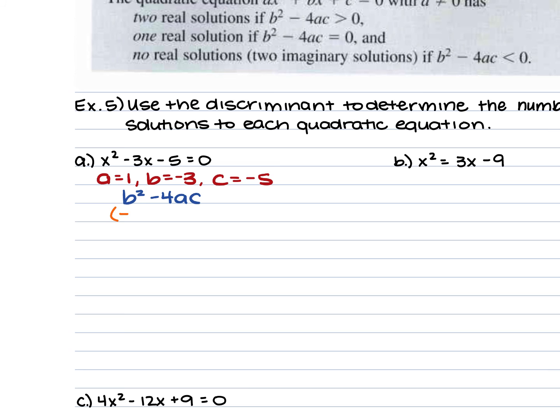We're going to plug these in. We have negative 3 squared minus 4 times 1 times negative 5. That negative 3 squared is 9. Negative 4 times 1 is negative 4 times negative 5 is a positive 20. 9 plus 20 gives us 29. 29 is greater than 0, so we have 2 real solutions.